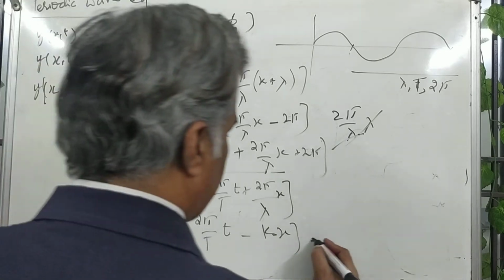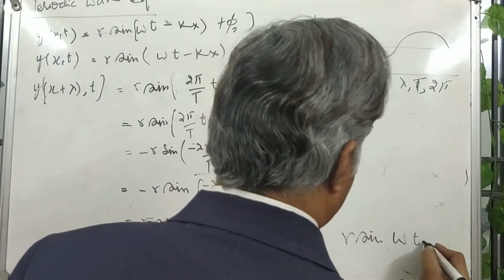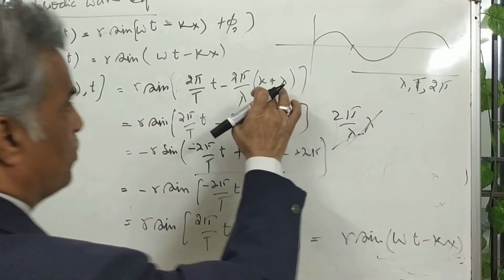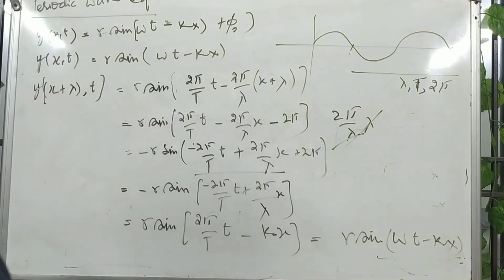So you may write r sin (omega t minus kx). The same you have got. You added plus lambda over here, but on simplification you will find the same result.